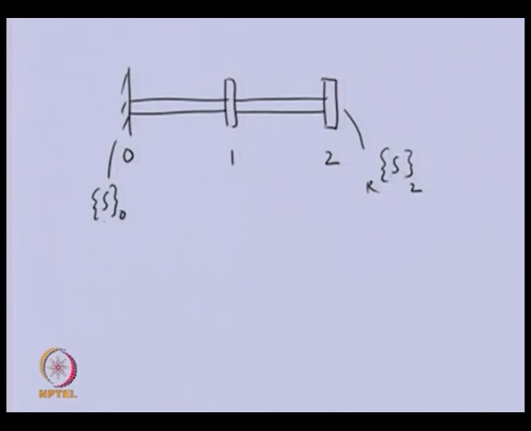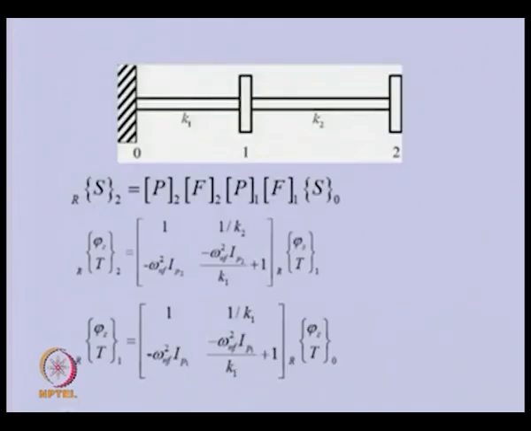And once we have related these two state vectors, we can apply the boundary condition. The only thing is that the matrices will be more, we will be multiplying more number of matrices. So let us see how this takes place.